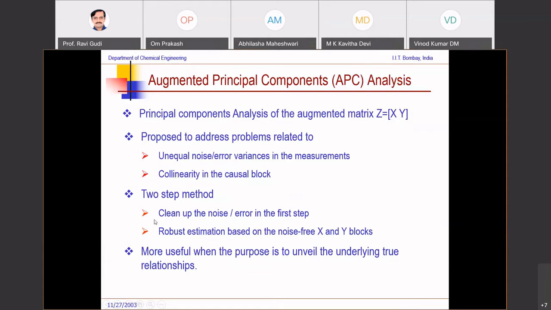What augmented principal components does is it's a two-step method that cleans up the noise or the error in the first step, and using the noise-free X and Y block, it will give you a robust estimation of your parameters.